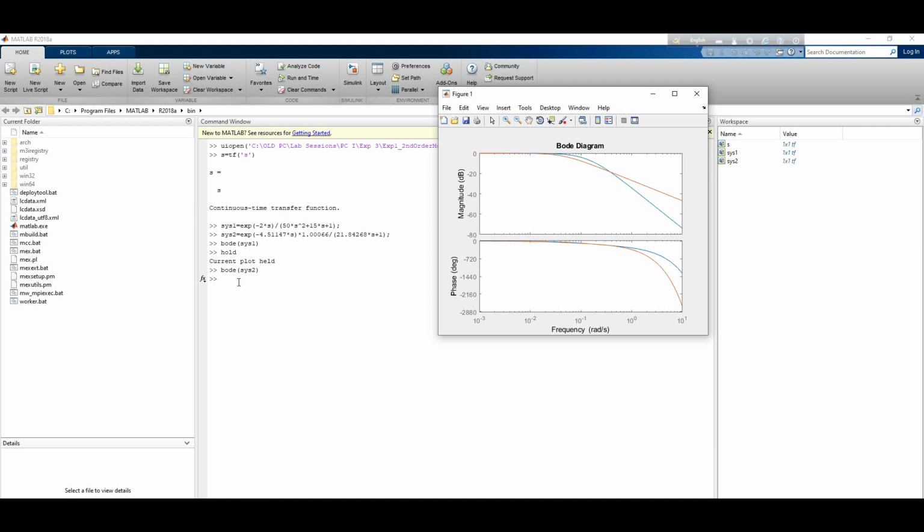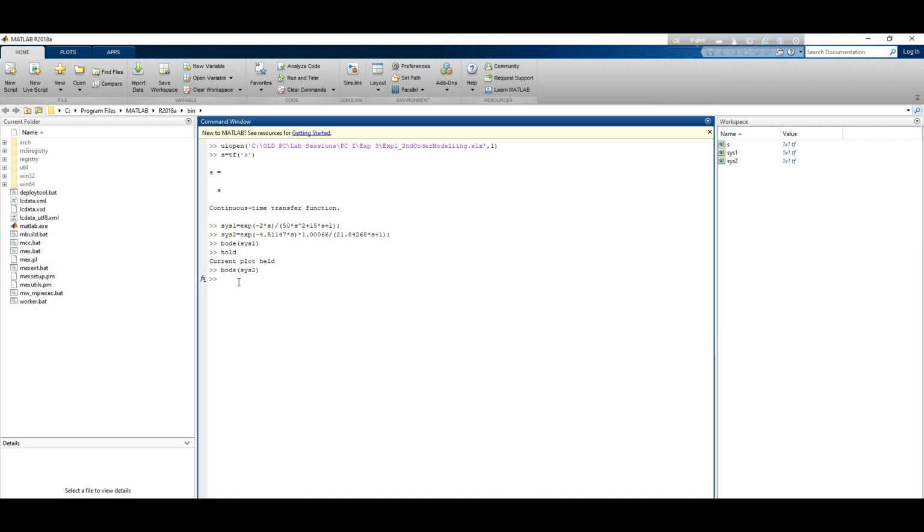And now we will plot the Nyquist plot, right?